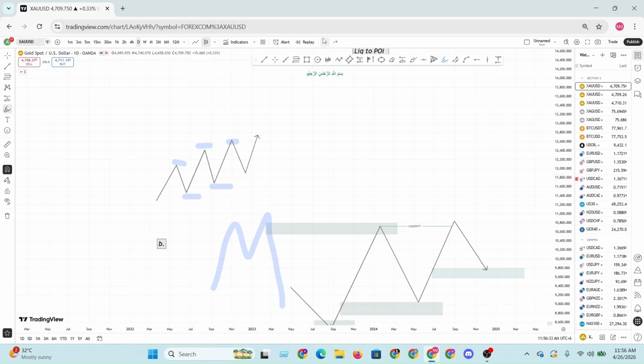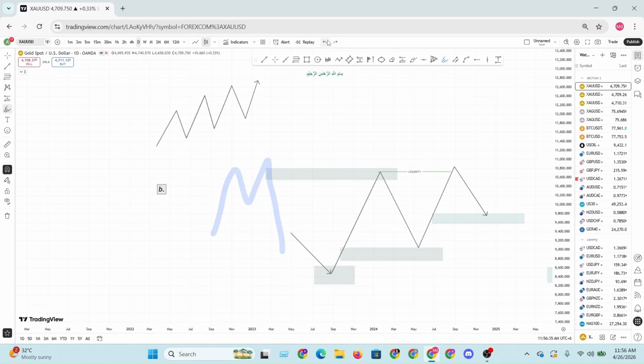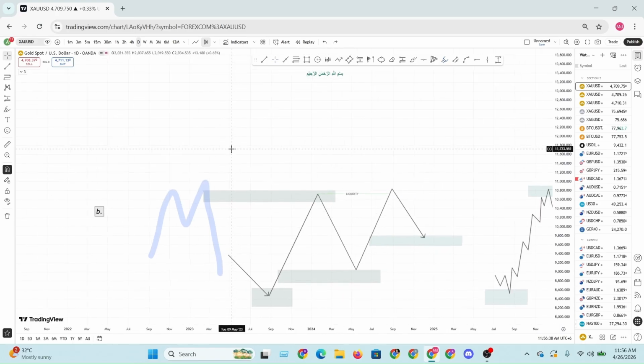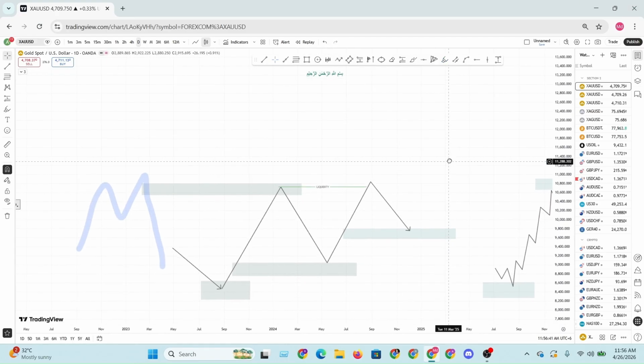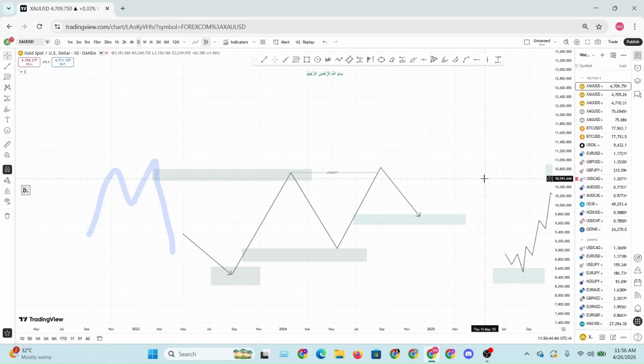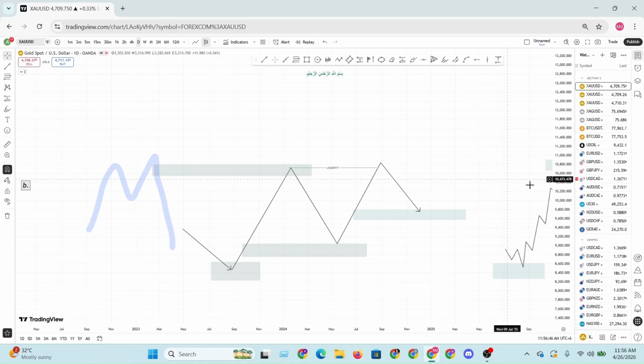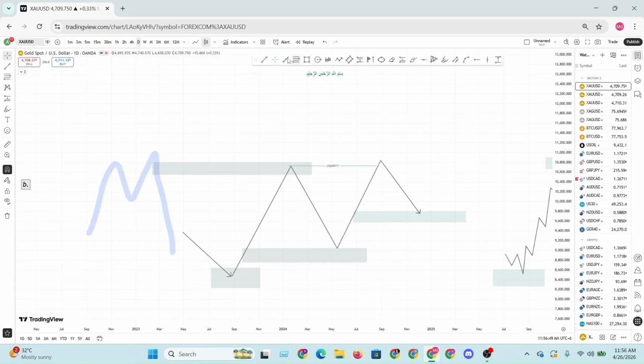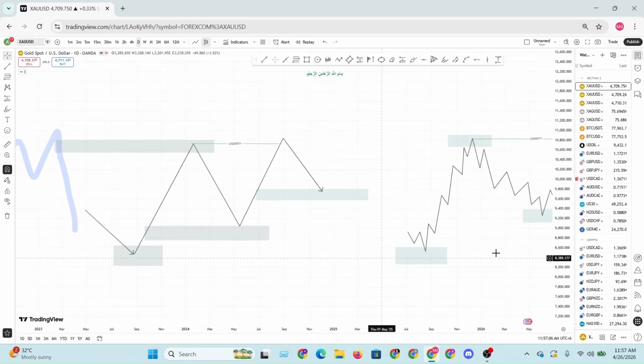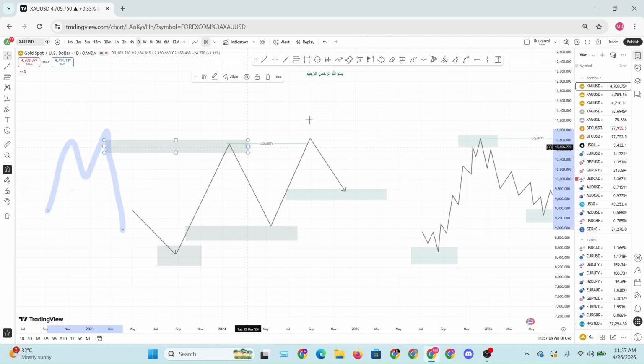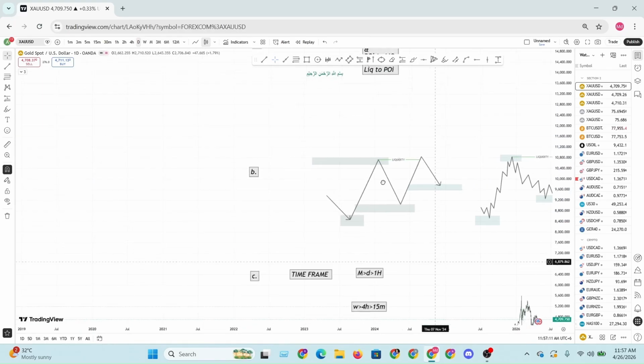I will make another video about liquidity so you can learn how many types of liquidities there are. So then it took liquidity, and then liquidity to POI. So the market moves like this. Okay, let's see an example.